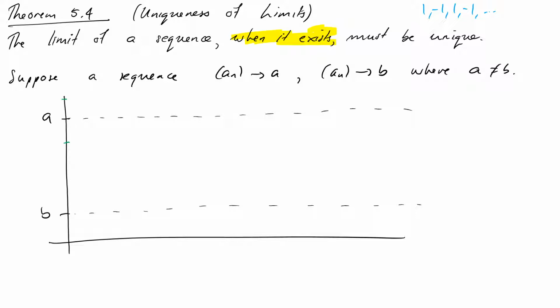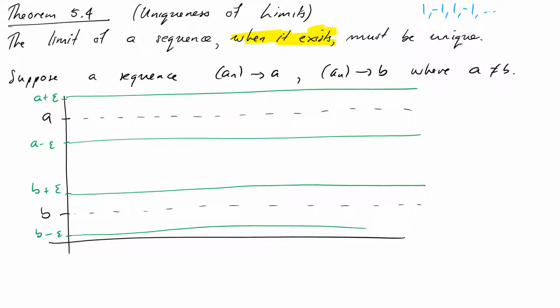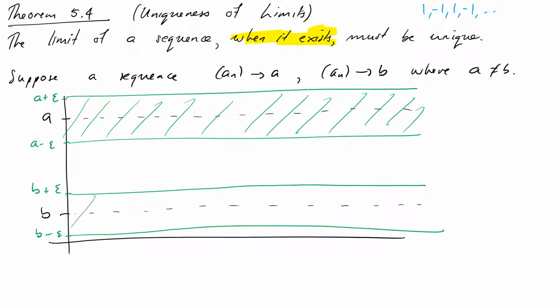If I take a small enough epsilon, such as this one here, and go within epsilon of both a and b at the same time, this will be b minus epsilon here, then my definition says I converge to both of these values if I go far enough across and I'm inside both of these shaded regions at the same time.